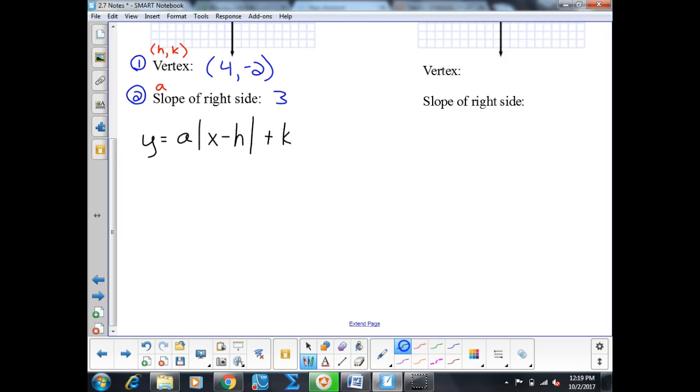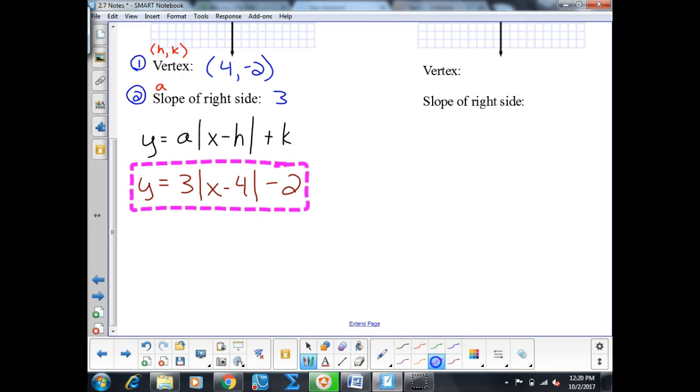So this equation is going to be y equals what? 3 times the absolute value of x minus 4, then minus 2.